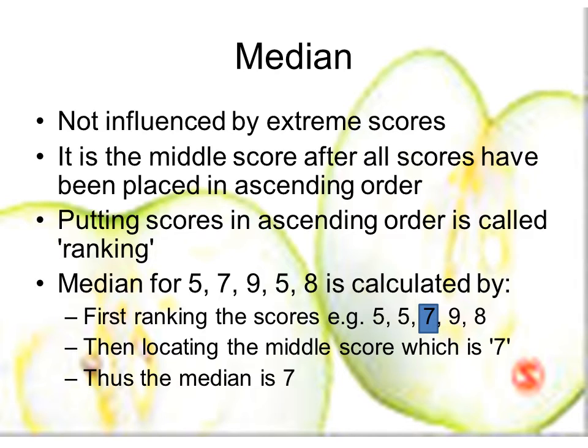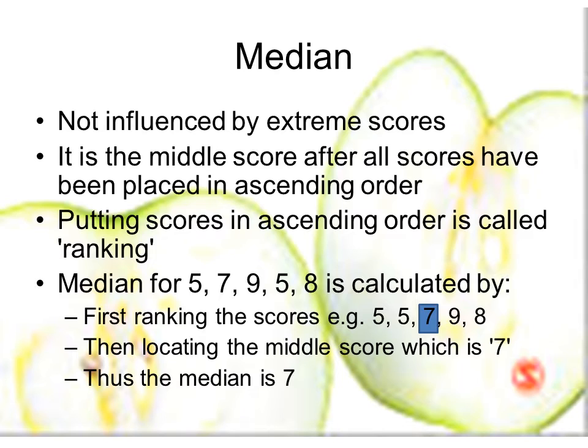Out of those 5 numbers or scores, we have two 5s being the lowest, 5, 5, and then we would see a 7, an 8, and a 9. Locating the middle score, which would be 7, that's going to be our actual median.